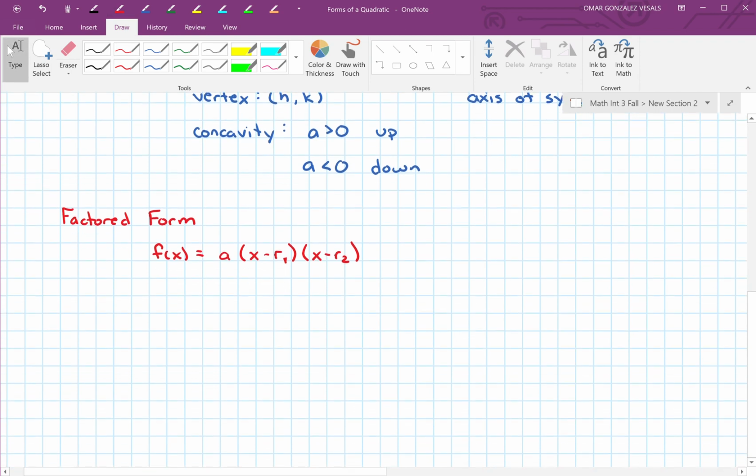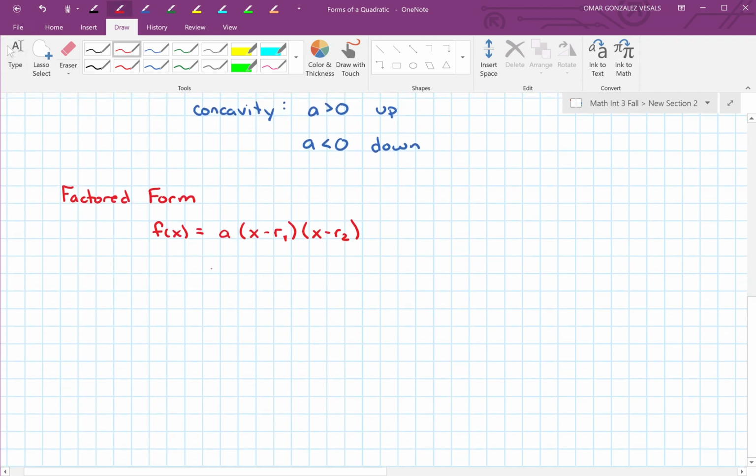What factored form gives you, just like the other ones, is concavity. So if a is greater than 0, it opens up. If a is less than 0, it opens down.